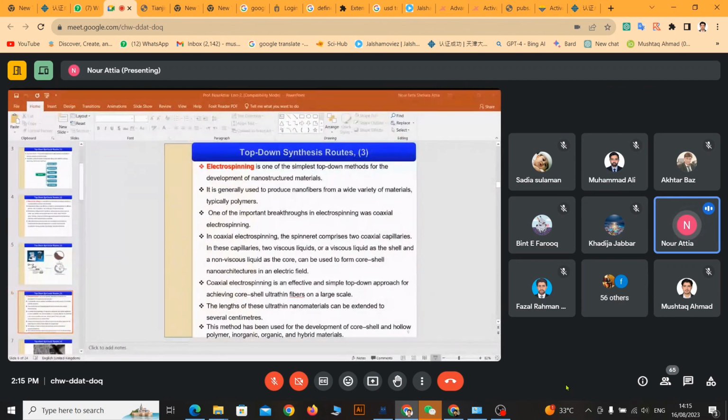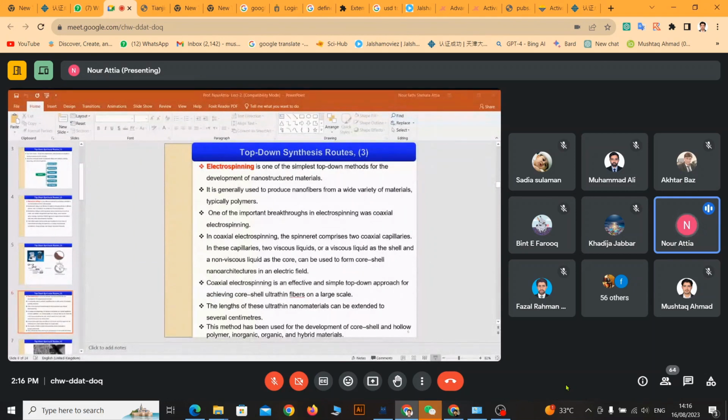The idea is very simple: you need a syringe. First of all, you put your material in as a polymer solution, for example. Say you are working in tissue engineering and want to prepare fibers containing nanoparticles. You dissolve a polymer, like polyvinyl alcohol, and put the silver nanoparticles inside it, make a solution, and put it in the syringe.